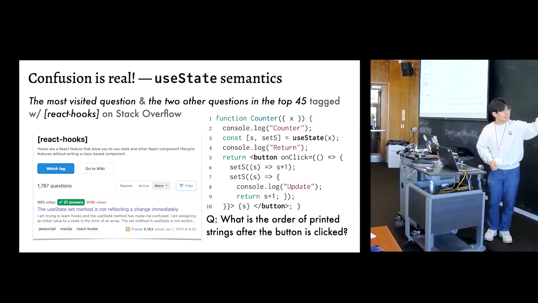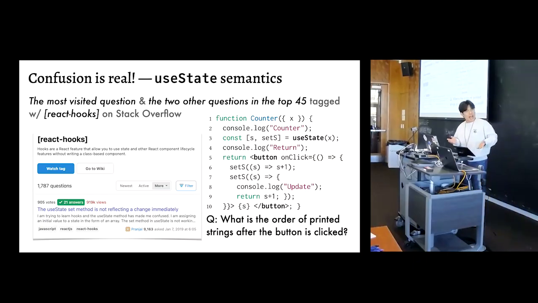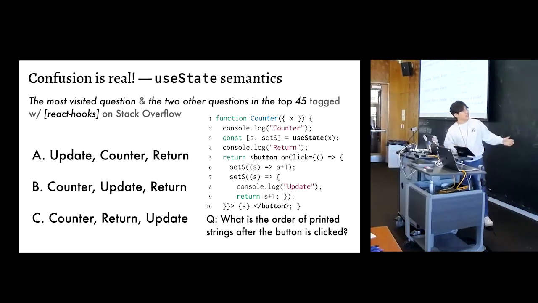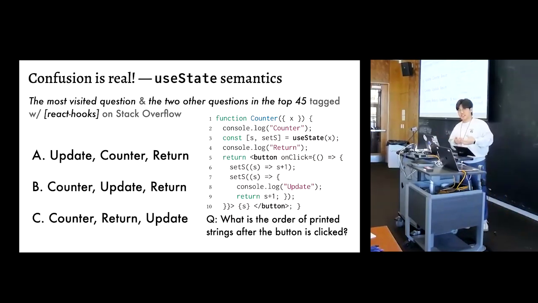And the second one has this mysterious console log update. So what happens after the button is clicked? Will it be update, counter, return, or counter, update, return, or will counter, return, update appear in the console? I'll give you a couple seconds.